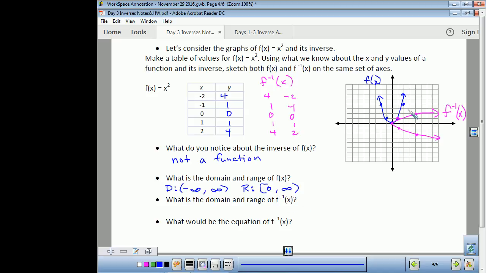If we look at this inverse, does it appear that the domain goes from 0 to infinity? Yeah, here's the lowest x value. It goes forever right. And the range keeps going up, it keeps going down. The range goes from negative infinity to positive infinity.